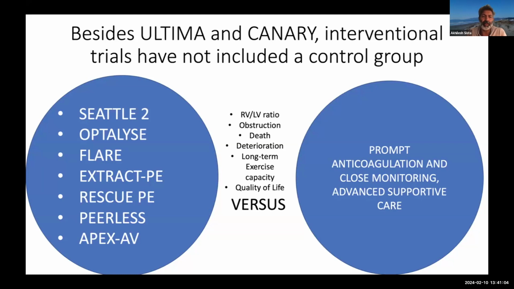So the net result is that all of these trials seen on the left blue circle were not compared to prompt anticoagulants, close monitoring, and best supportive care, which is kind of the standard therapy for submassive PE at this point. So if you look at all of these outcome measures, RV-LV ratio, the obstruction index, death, deterioration, long-term consequences, you really don't know if CDT is actually affecting these outcomes.